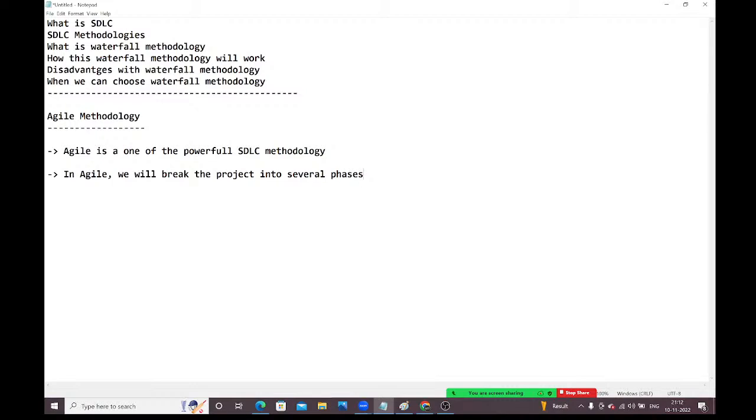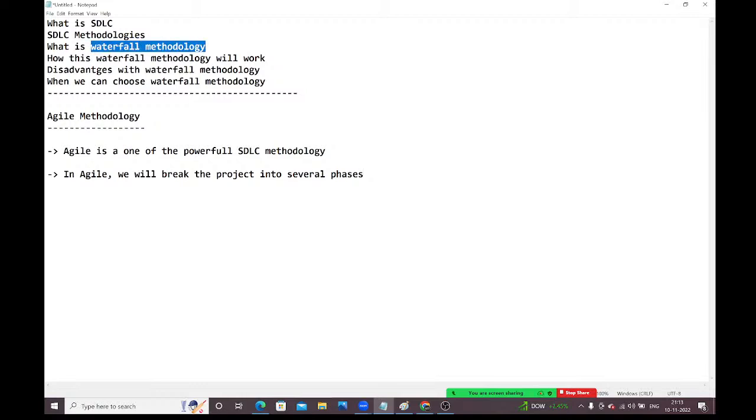In Agile, we are breaking the project into several phases. But if you go with the waterfall methodology, we are going to develop and deliver the entire project in a single shot. Coming to Agile, it is not like that.